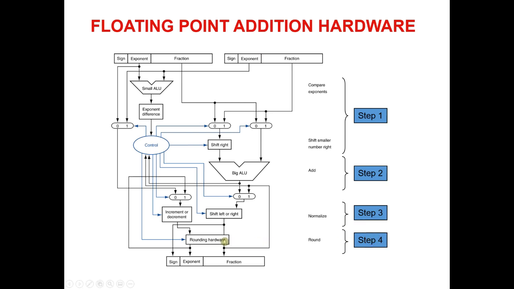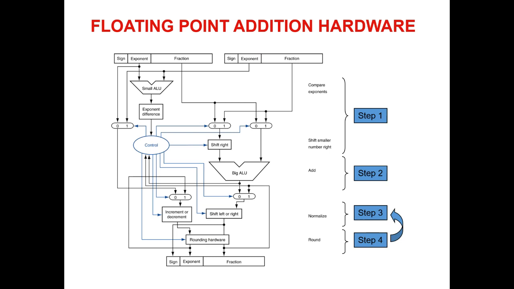And the fourth step is rounding it. We just assume that there is a box here that rounds this element. We are not interested in how this is done right now. And if necessary, we need to look back to see if we need to renormalize the number. If not, we will have the resulting number at this point. As mentioned, this hardware is just shown for reference. I don't plan to ask anything related to this hardware in the test.